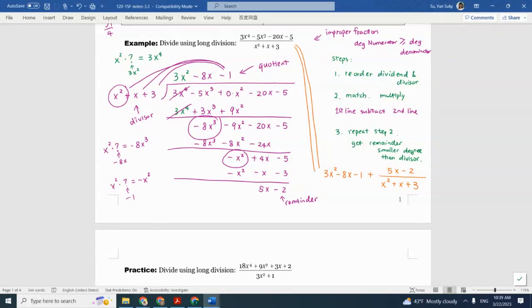And then 3 times 1, we have 3. And then x squared times 1 is x squared.